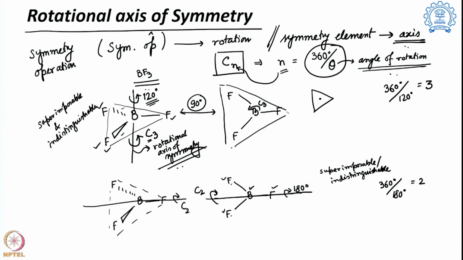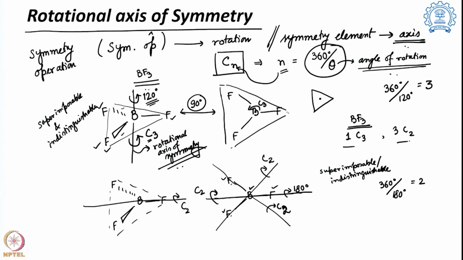How many C2s of such kind will exist? The answer is actually 3, because it can be present along any of the three BF bonds. That is why I have 3 different C2s. So now for this BF3 molecule, I have 1 C3 and 3 C2s.